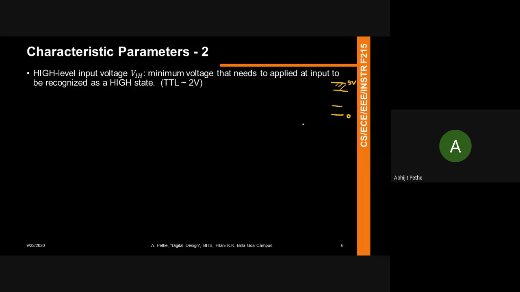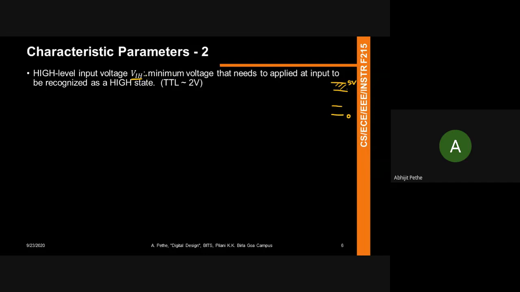So we talk about what is known as VIH, right? Remember, when you look at high, the maximum high voltage can be the supply voltage. In TTL logic, in most of the chips that you'll work with in the lab, they're normally targeted for 5-volt operation, which means that the input voltage can have a maximum value of 5 volts if it has to be in the high state.